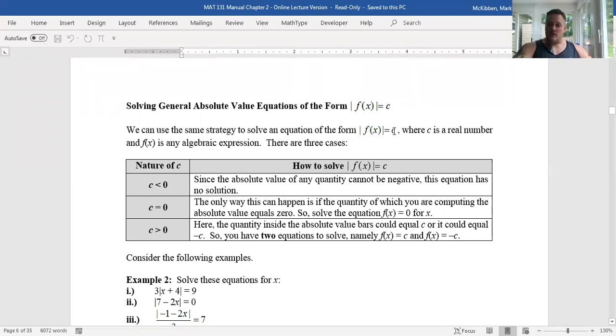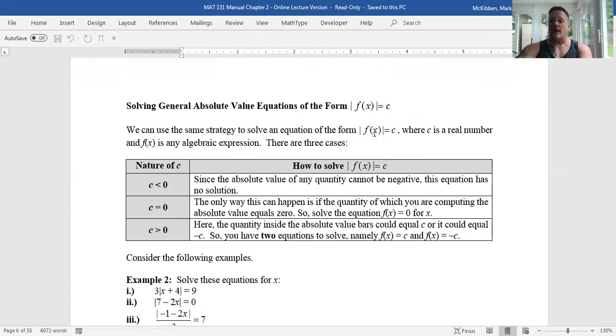If that number is 0, the only way the absolute value of that expression can be 0 is if the expression itself is 0. So you can get rid of the absolute value and just set the inside equal to 0 and solve for x, using whatever method you have at your disposal, be it a quadratic equation, a radical one, a rational expression, who knows.